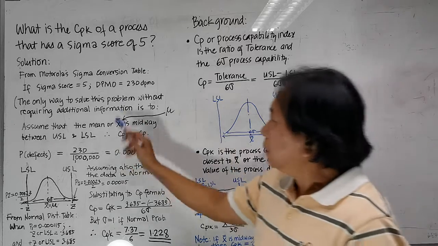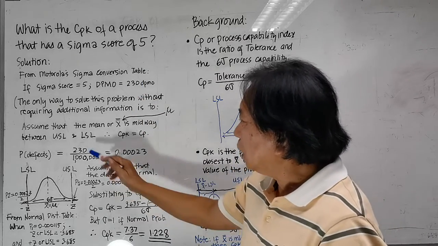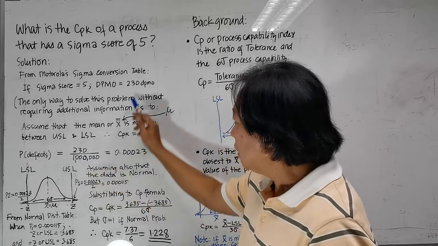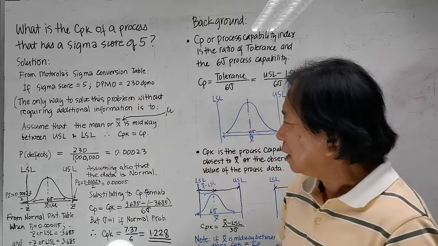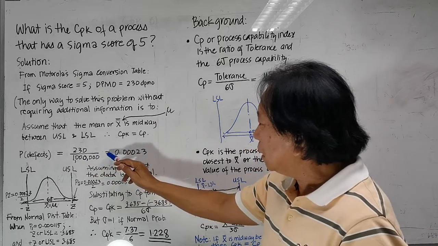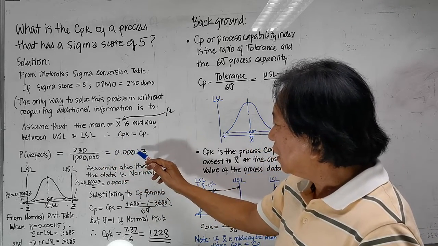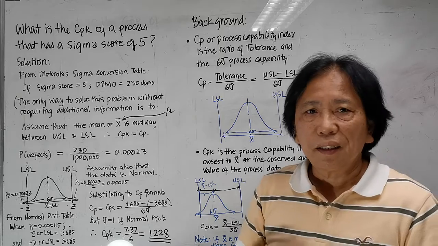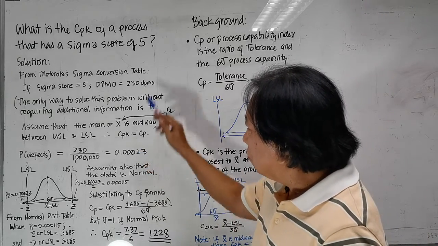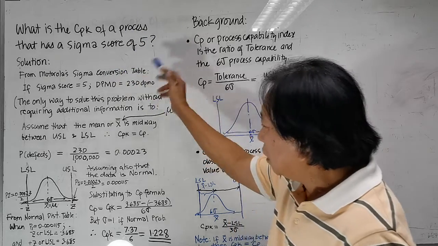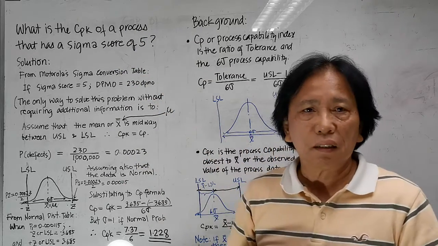So the probability of defects would be 230 over 1 million. Remember, 230 defects per million opportunities. 230 over 1 million is 0.00023. Okay? This is the probability of this score to make a defect.